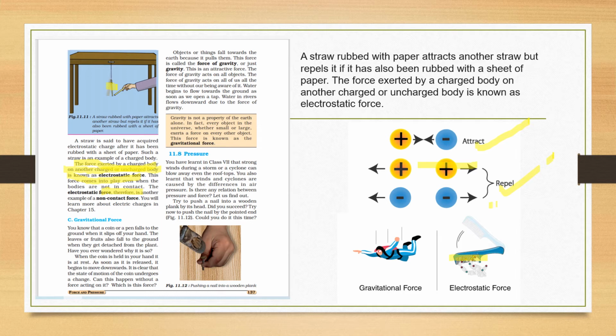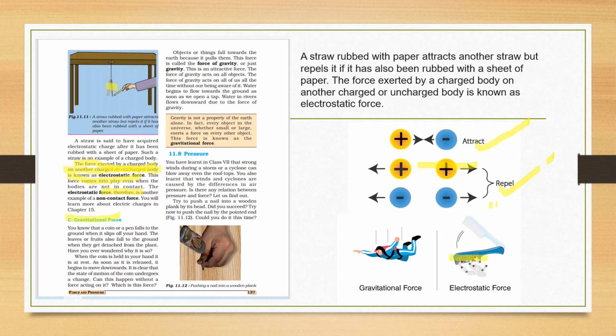Okay, so the next type of non-contact force is the gravitational force. Many of the general things we know: whenever we hold a stone and leave it, it goes towards the ground. The coin goes towards the ground, the pen falls towards the ground.